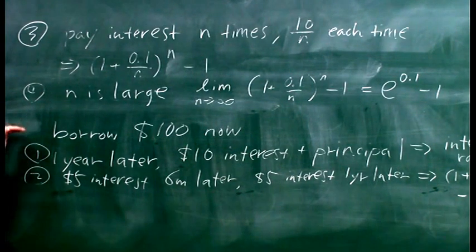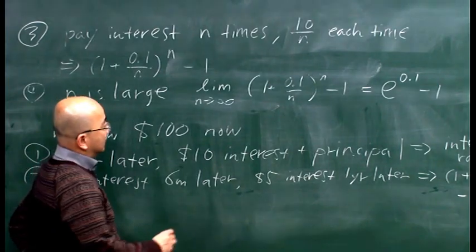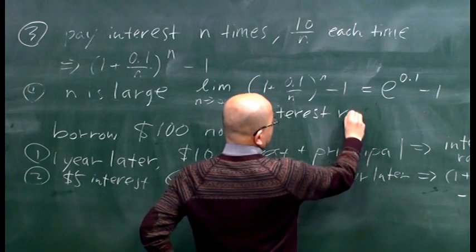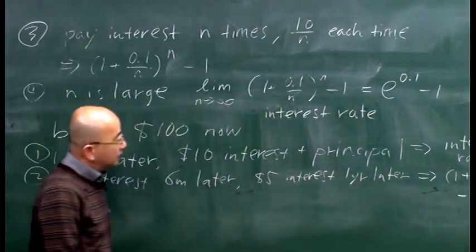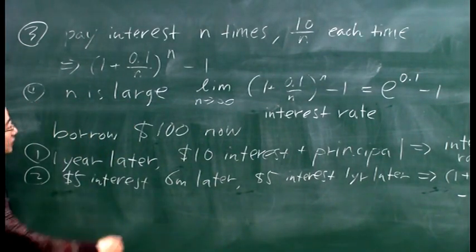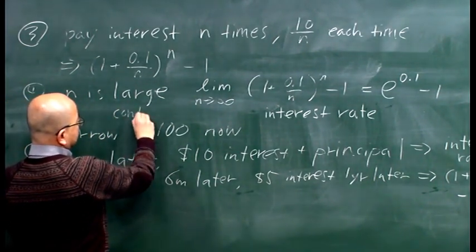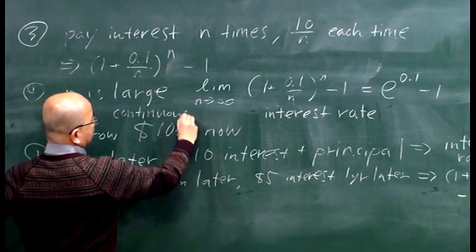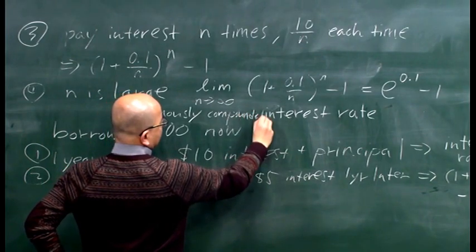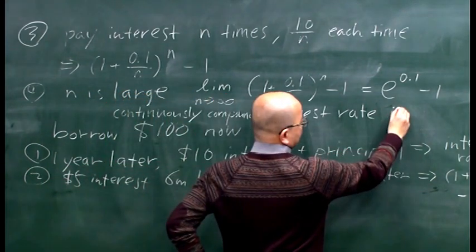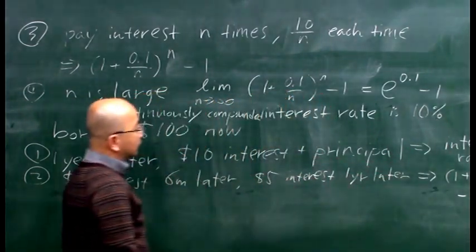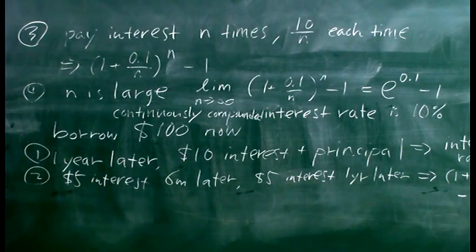In this situation, we can say that the interest rate is exactly this number, or we could say the continuously compounded interest rate is 10%.